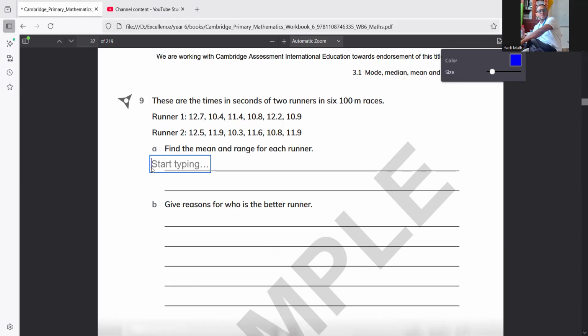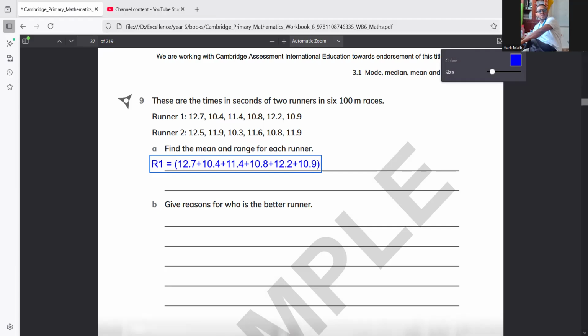Okay, let's go for runner 1. Find the mean. To find the mean, we add all of them: 12.7 plus 10.4 plus 11.4 plus 10.8 plus 12.2 plus 10.9.